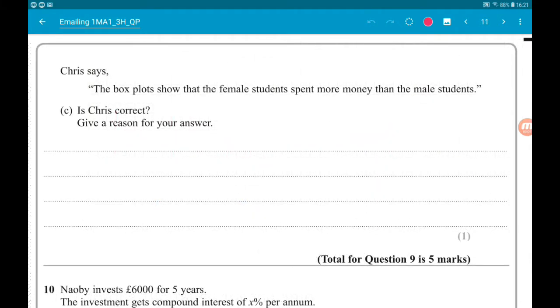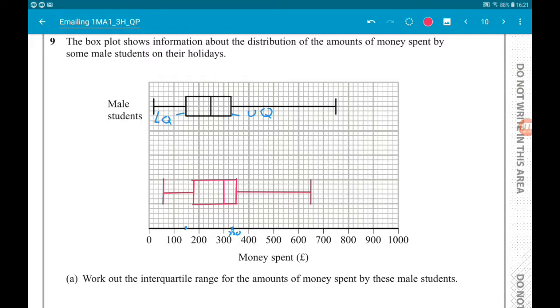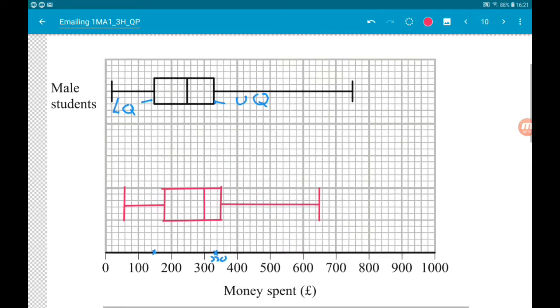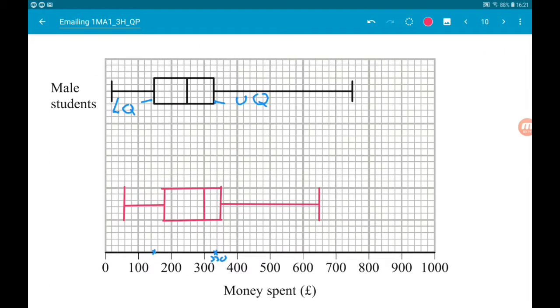Okay, then for part C, Chris says that the box plots show that the females spend more money than the males. Is Chris correct? Give a reason for your answer. Okay. So, if we look at the two box plots, even though the blokes have a higher largest amount, that might just be one person, an outlier.